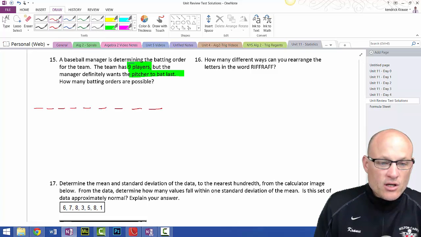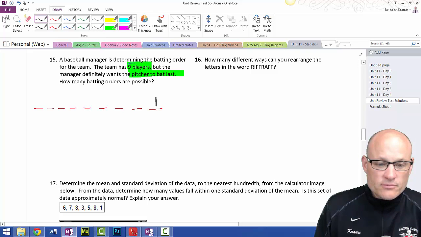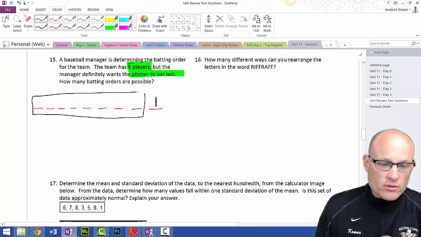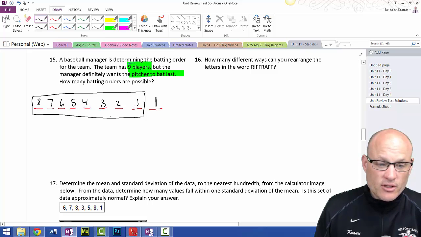And I could say, look, I want the pitcher to go last, so I only have one choice for this. And then really what I want to do is think about this order. Well, there's 8 kids left for this one, 7 kids left for this spot, 6 kids, 5 kids, 4 kids, 3 kids, 2 kids, and 1 kid left. So that would be 8 factorial.